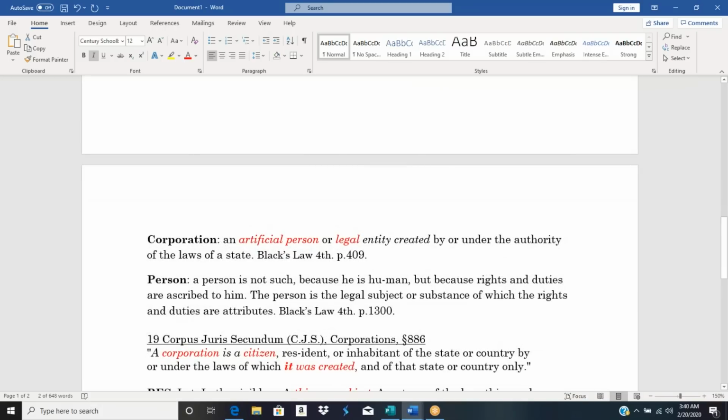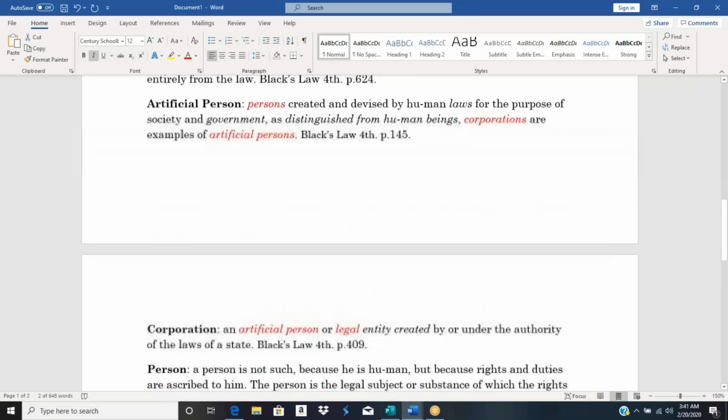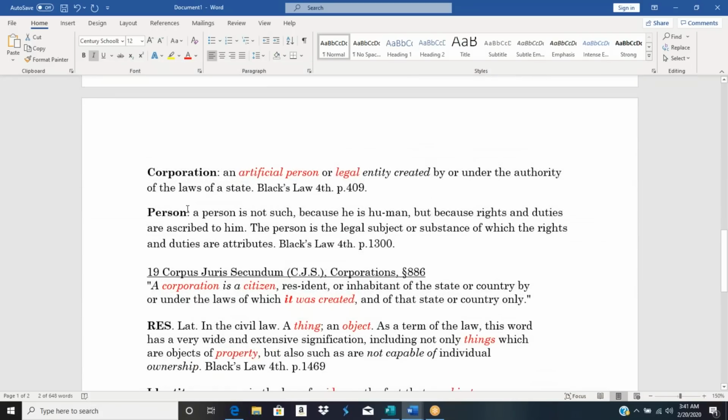Now, on the word person: a person is not such because he is human, but because rights and duties are ascribed to him. The person is the legal subject or substance. Remember, I showed you that dictionary phrase of substance, of which rights and duties are attributes.